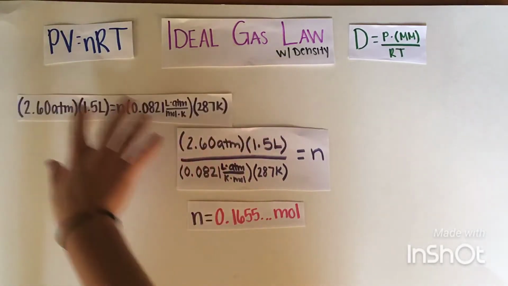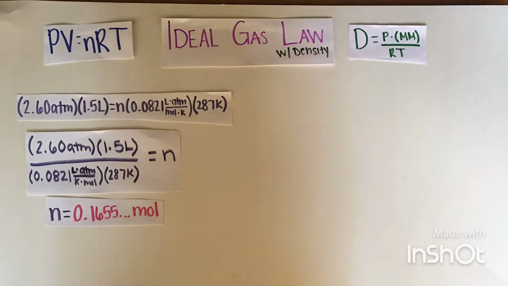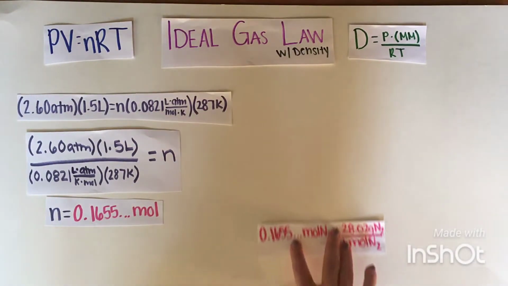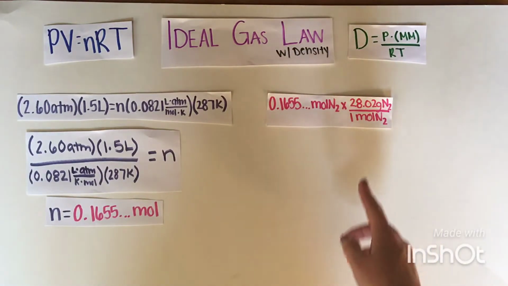So let's move this all over now since we started getting the hang of it. And then next, since we're solving for density, and density is grams over liters, you're going to want to convert this to grams. So when you do that, you will do a conversion here now.